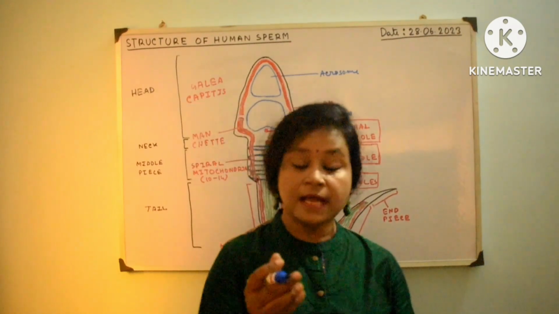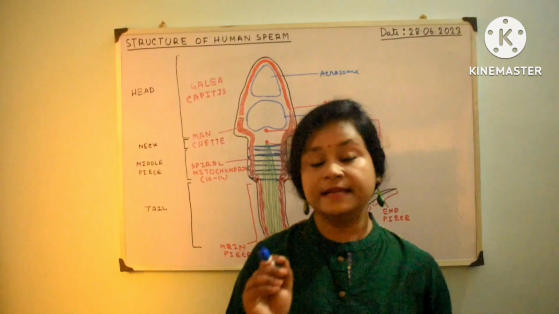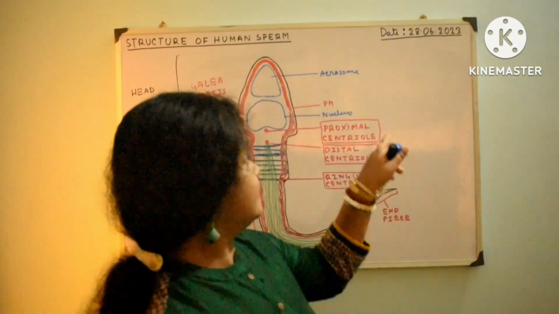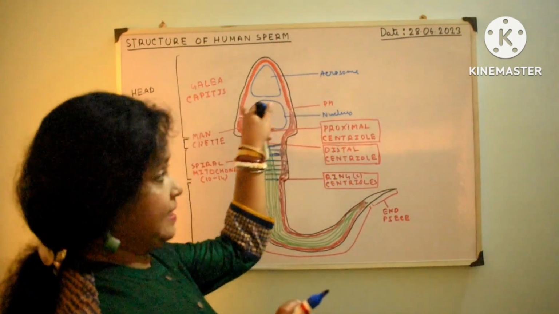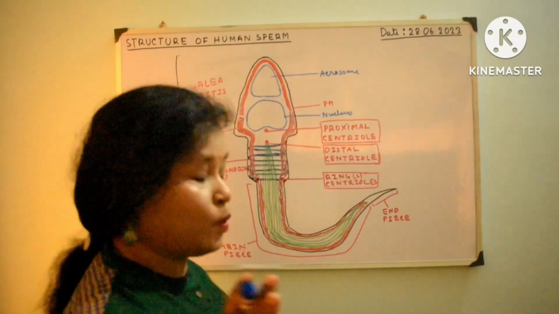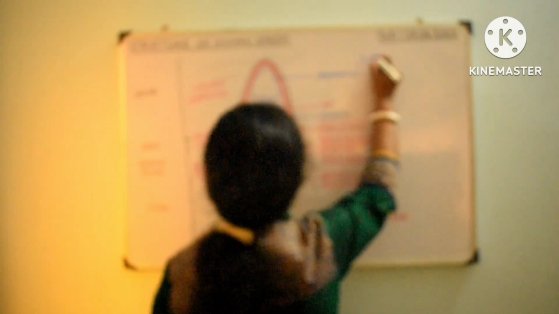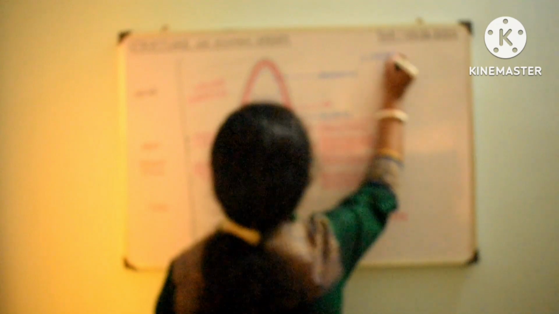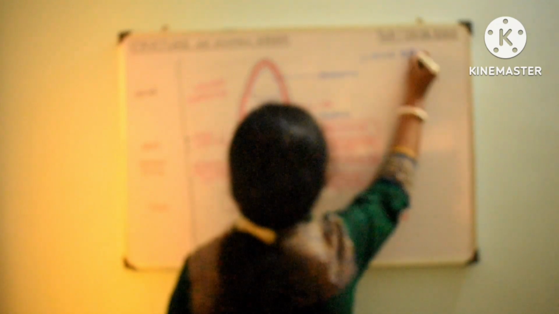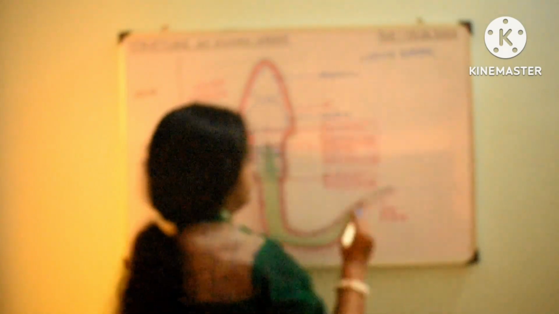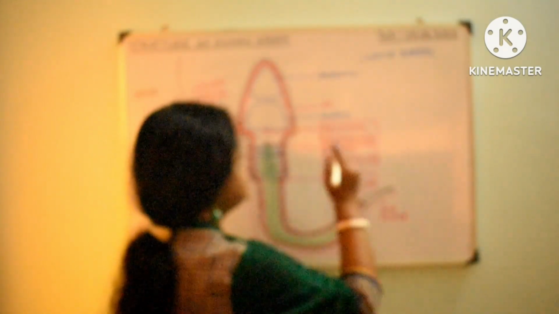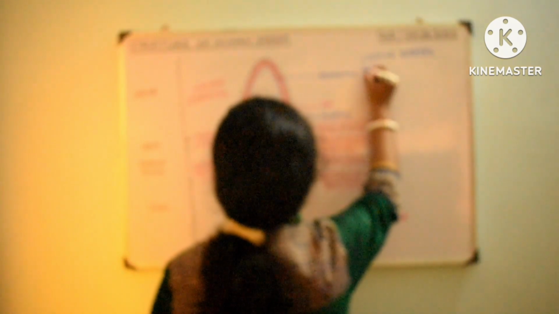All of you know that in our cell, the Golgi body is an important cell organelle, and the acrosome portion of the sperm head originates from Golgi bodies. This is a very important characteristic. The next point about the acrosome: it is cap-like.